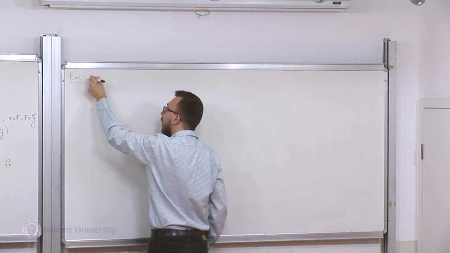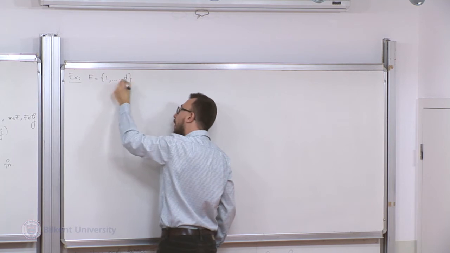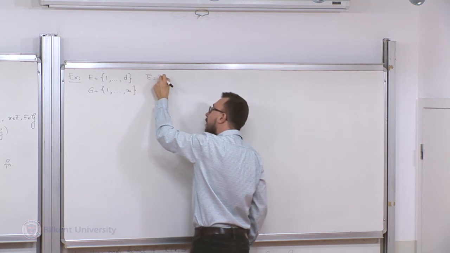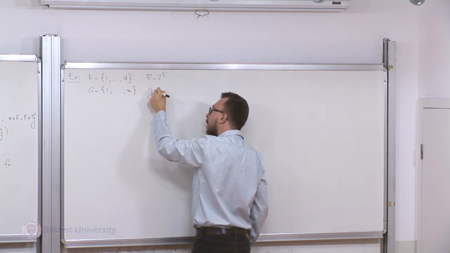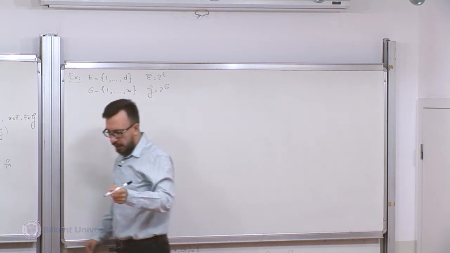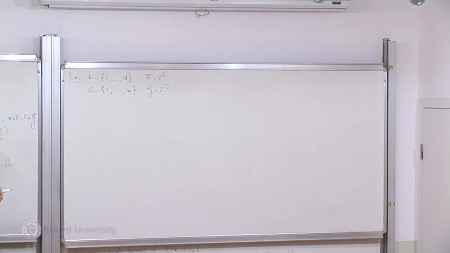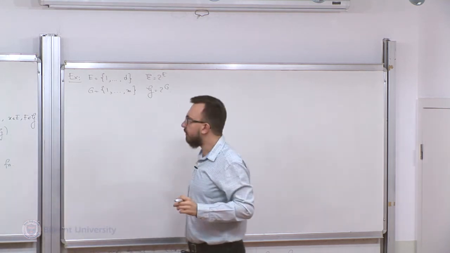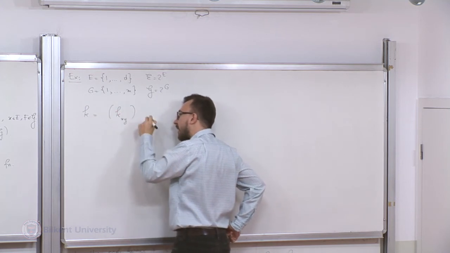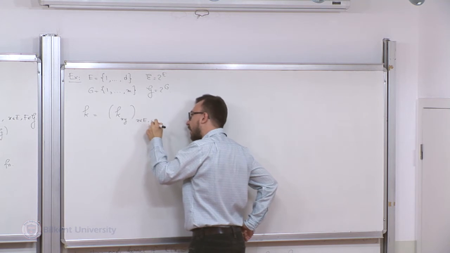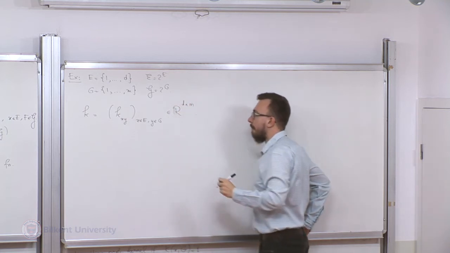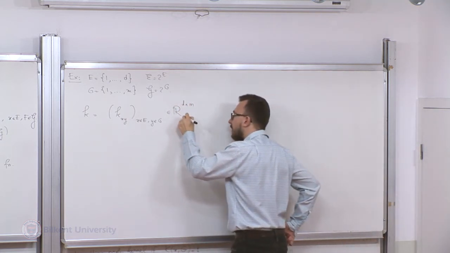Let's take E and G as finite sets, of course with their power sets, one to D and one to M. And let's say we have a matrix k_xy, where x is in E and y is in G. In other words, this is a matrix of dimension D times M. Let's say it has positive entries.